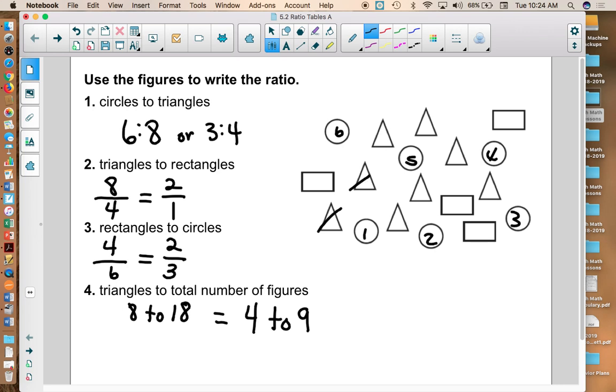There's 1, 2, 3, 4, 5, 6, 7, 8. That's where the 6 to 8 comes from. Then, the only thing we're doing there is simplifying. This one here is simplified. And the 2 are equal to each other. That's all they've done, is simplify it. All right?